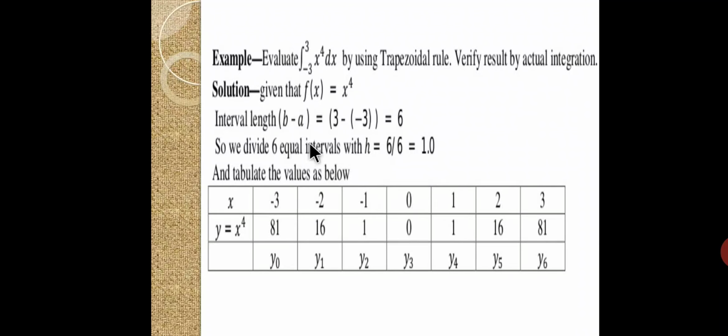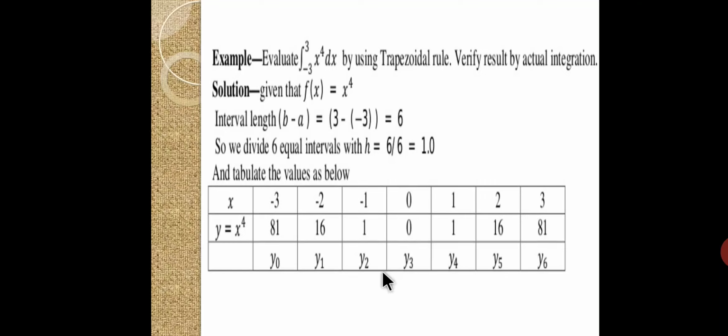This is the given interval of the curve, the range of the interval is minus 3 to 3. So x0 is equal to minus 3 and x1 is equal to minus 3 plus h. The h value is 1, so minus 3 plus 1 is minus 2, minus 2 plus 1 is minus 1, minus 1 plus 1 is 0, 0 plus 1 is 1, 1 plus 1 is 2, 2 plus 1 is 3.